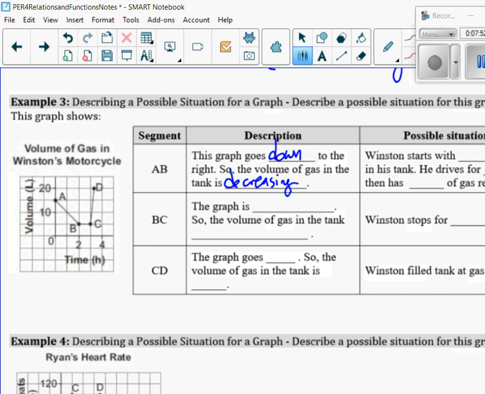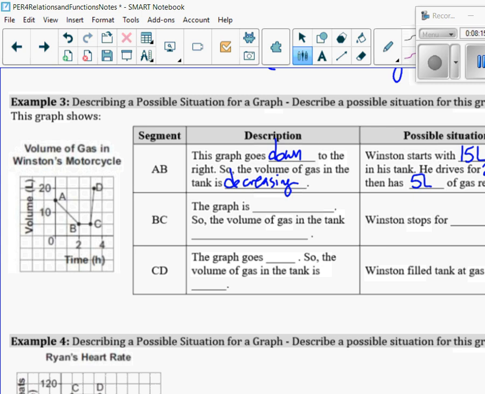The possible situation is Winston starts with 15 liters of gas. He drives for 2 hours and has 5 liters of gas remaining. Very good. So do you see how we're reading this?